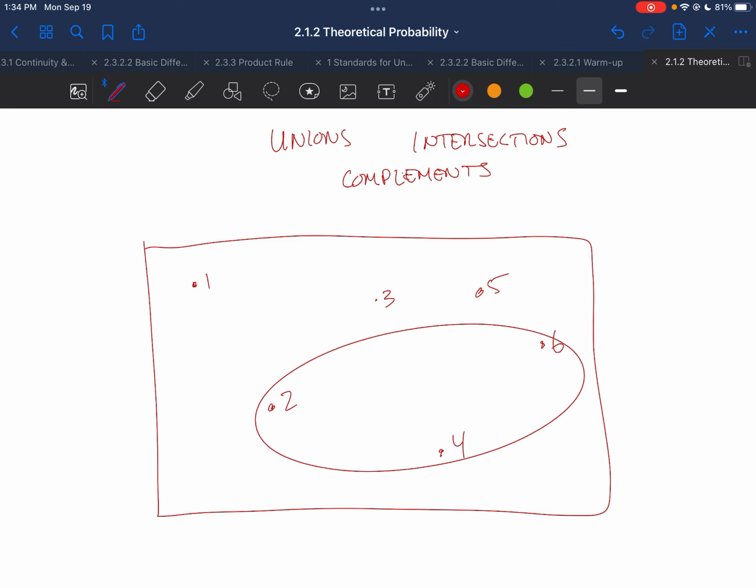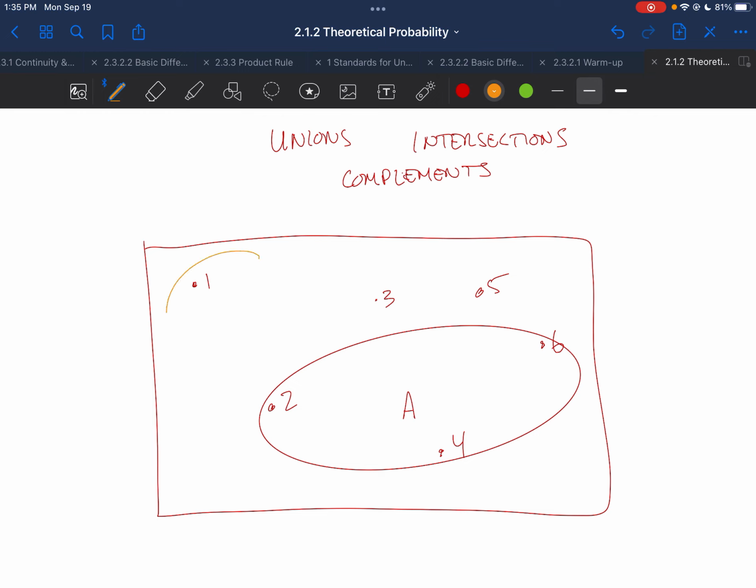We want that to encompass those 3 points. So this is event A. And then we have event B, which is that we toss the die and get a number less than or equal to 3. This is event B.